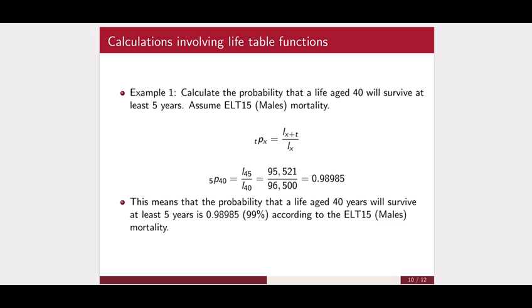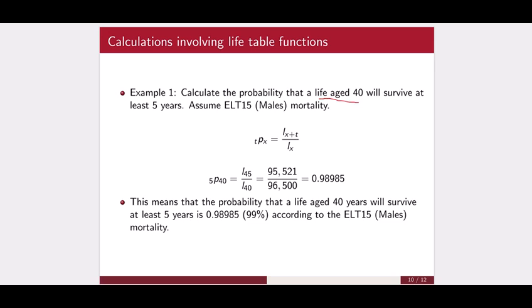We have an example where we've been asked to calculate the probability that a life aged 40 will survive at least 5 years from now. We've been asked to assume the English life table number 15 for the males' mortalities. Now, when we look at the question, we need to know what we are being asked to find.